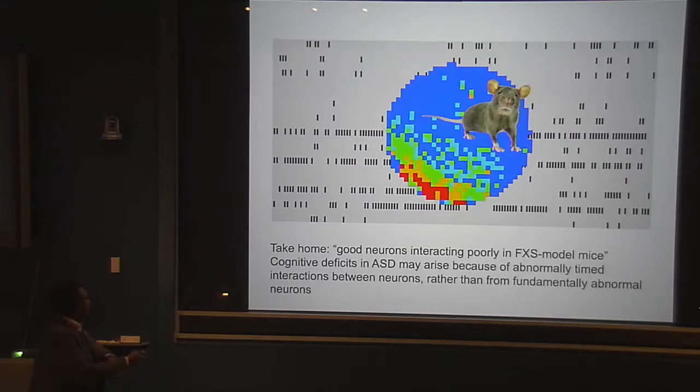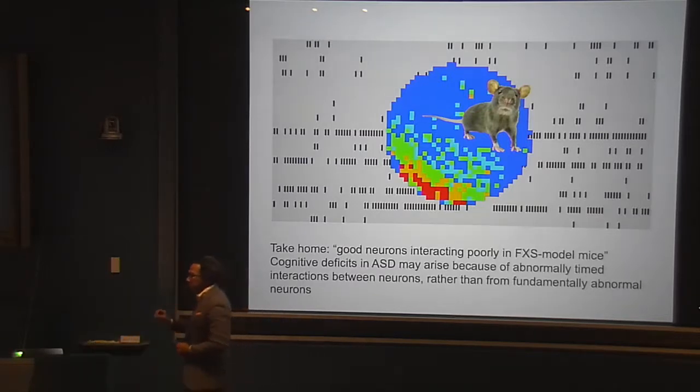And it's led us to believe, and to argue, that actually the cognitive deficits, at least, in ASD, autism spectrum disorders, and in particular in Fragile X, may arise not because of the neurons themselves being poorly developed or poorly established, but in particular in how they interact with each other.